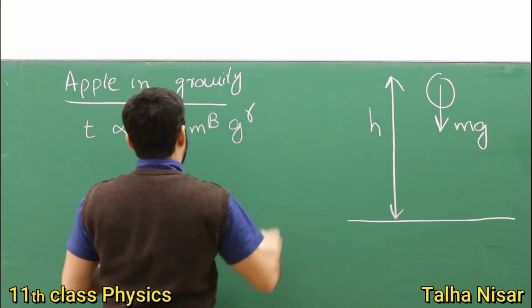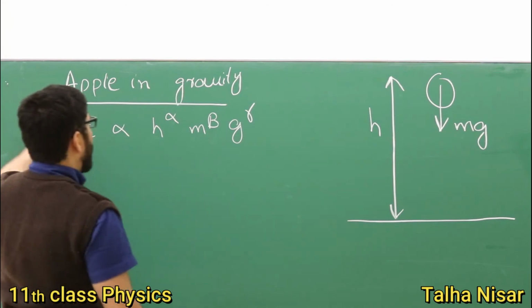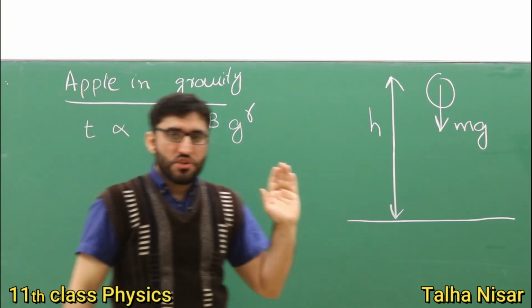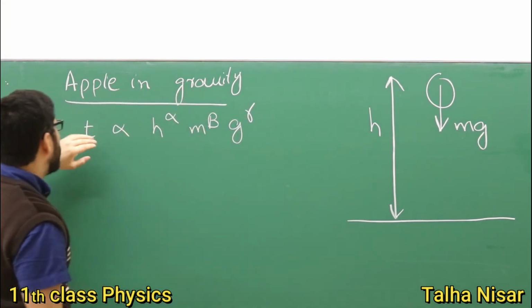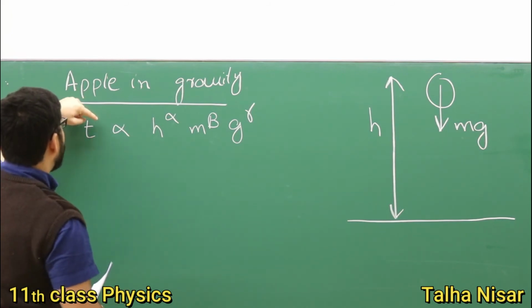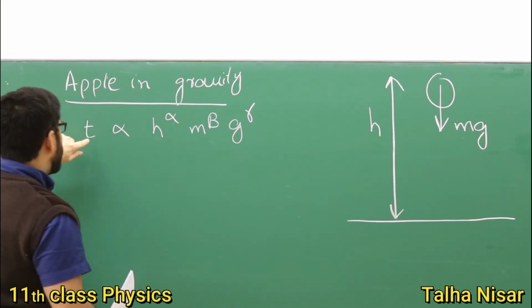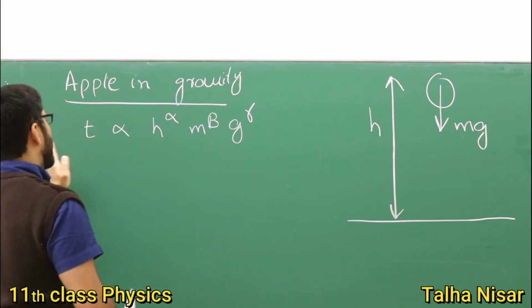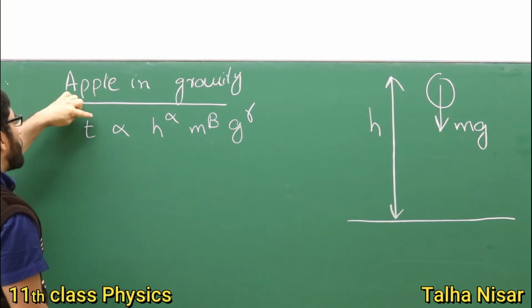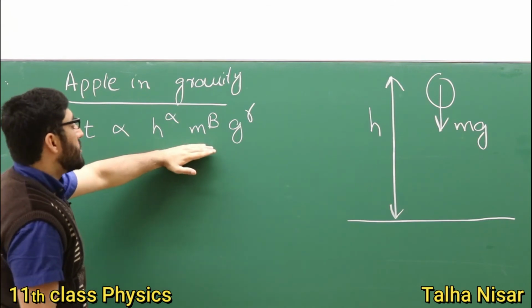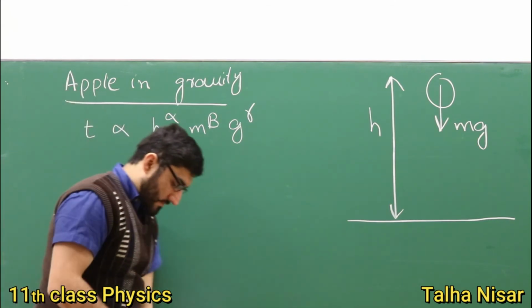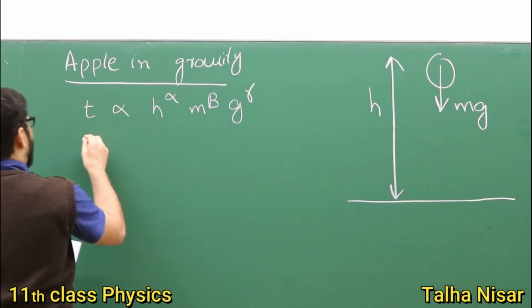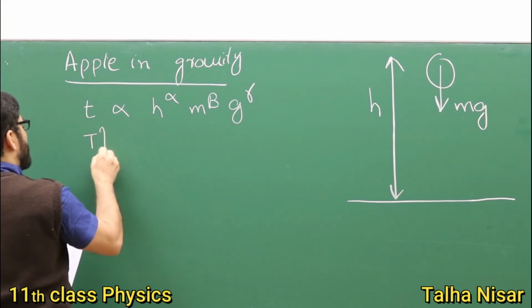And now, as we said, dimensionally, here we have the time, which has the power 1. So the dimensions of the left hand side, which is the time to the power 1, must be equal to the right hand side here. So we just write the dimensions.